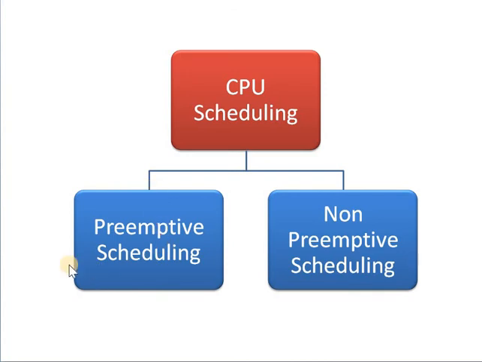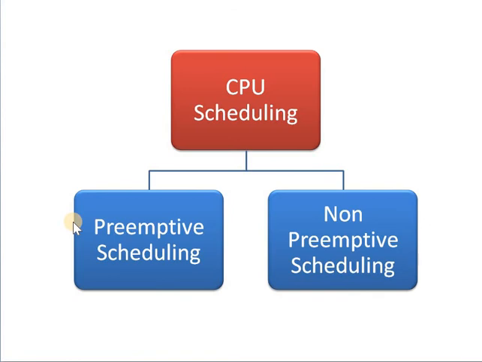So, in preemptive scheduling, sometimes it is important to run a task with a higher priority before another lower priority task, even if the lower priority task is still running.